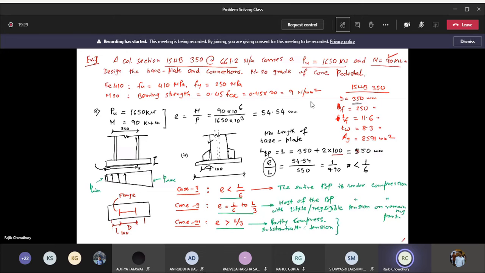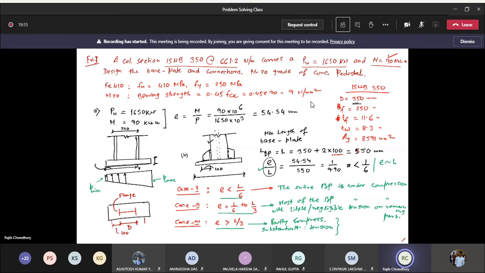Is that clear to all of you? Yes, sir. Okay. That is why I tried to calculate the e by L ratio, or otherwise I would have calculated the e with respect to the L, whatever I am assuming.